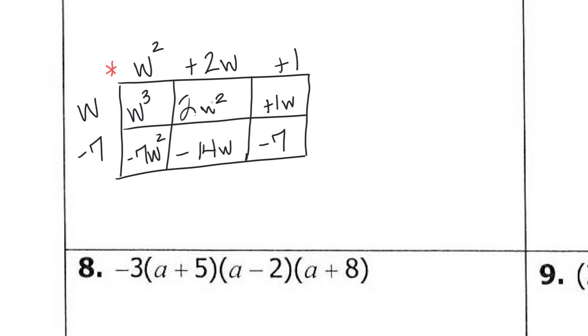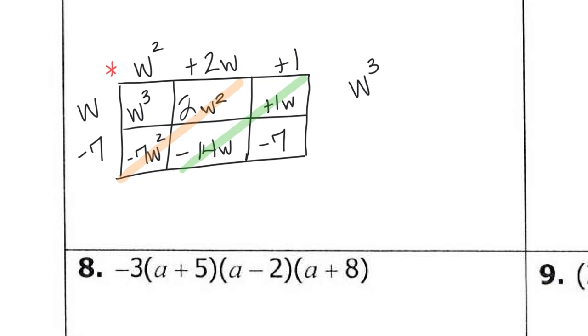So the box method does all the multiplication and sets it up. You just fill in the box, but in a nice, clean, and organized way. What's also really nice is notice where your like terms are. They line up diagonally. And so we would have w cubed.